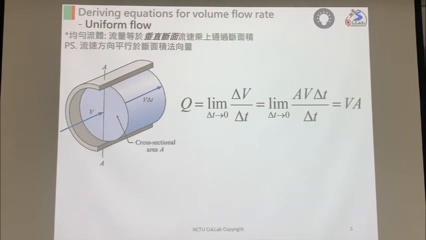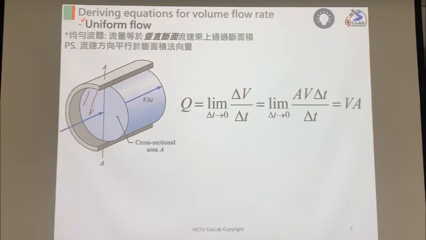So we follow the cartoon figure shown here, based on the uniform flow idea. What is uniform flow? Uniform flow means the velocity field is the same everywhere, so the velocity is a constant value at any location. In that way, we consider a cylinder shape.